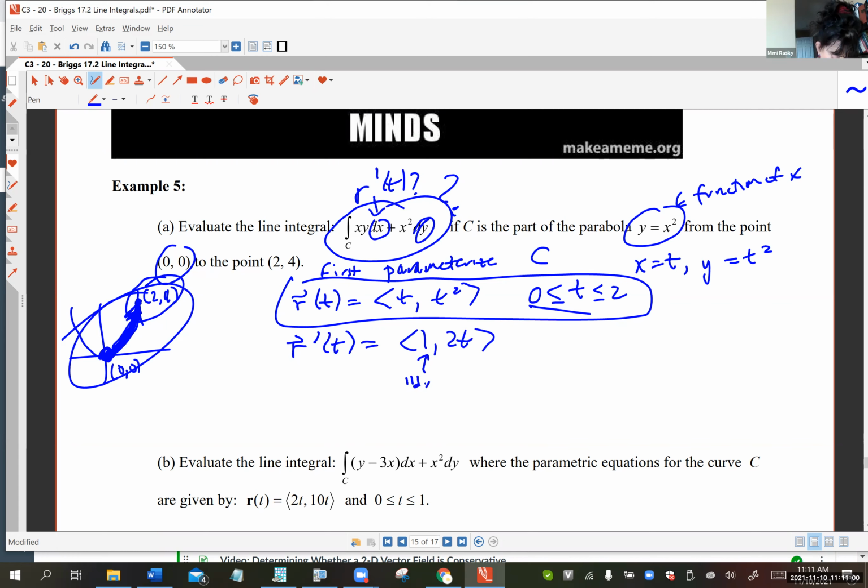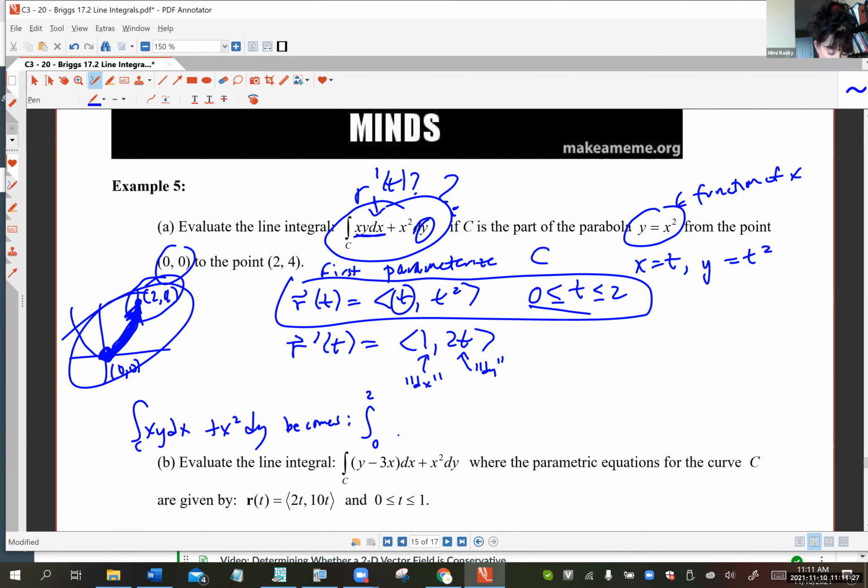Okay. What do I mean? So the dx will get replaced with 1 dt, and then the dy will get replaced with 2t dt. So here, this differential form, I'll just copy it down, is going to become the line integral from time going 0 to 2. And then you're going to do these terms one by one, x times y times dx.